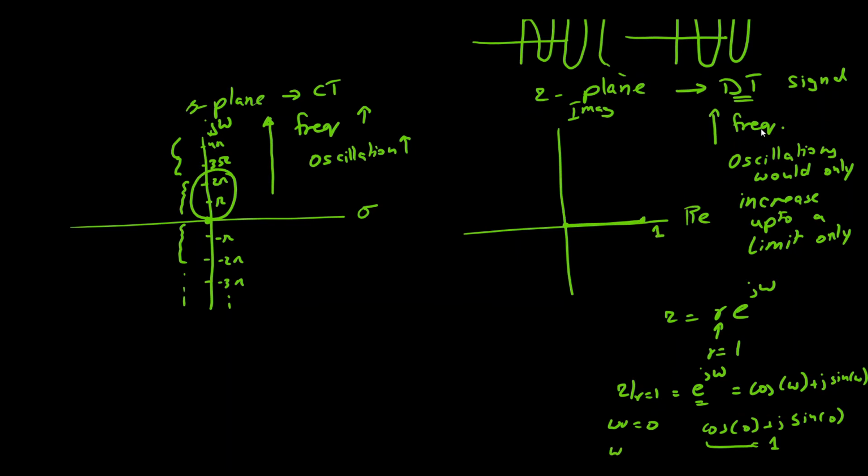But when omega is equal to pi by 2, this would become 0 and this would become 1. So we would get this point. Hence we are moving from the real part to the complex part in the form of a circle. We are starting from omega naught equal to 0, which is the point over here.